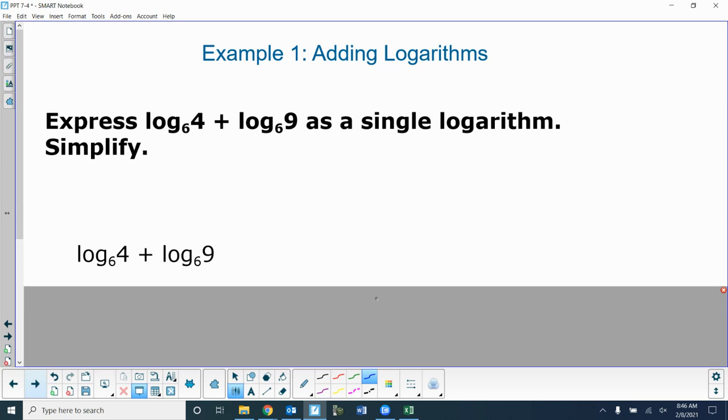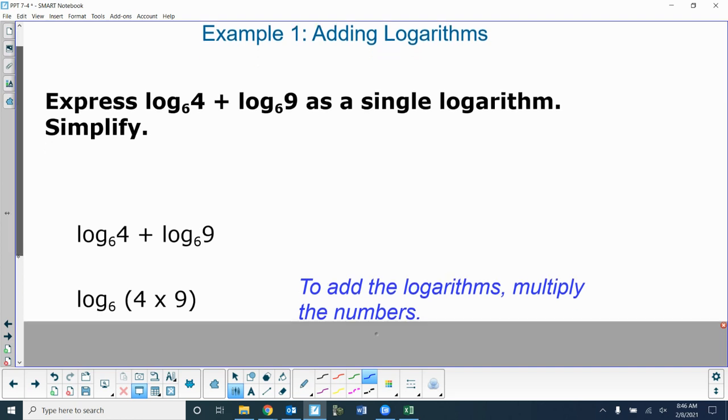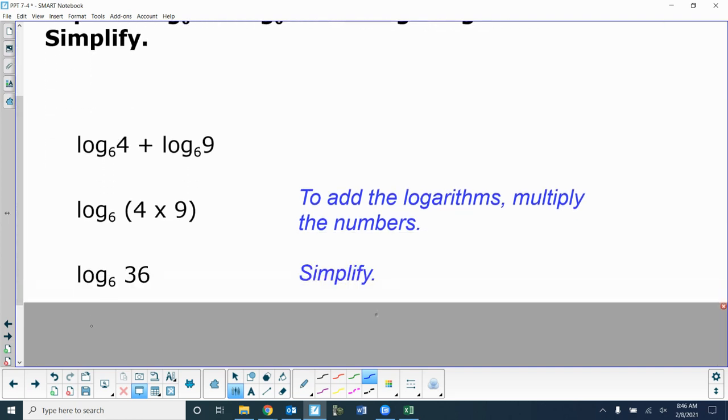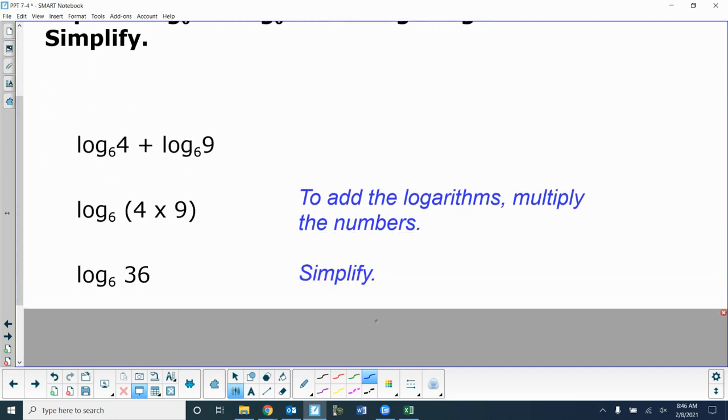All right, so I have two logs. It's always going to have the same base. The base here is 6. So the rule is I can do what with the 4 and 9? No, multiply them. Okay, what's 4 times 9? 36. So now it's that problem. So then you just write equals x, and then you're thinking 6 to what power is 36?